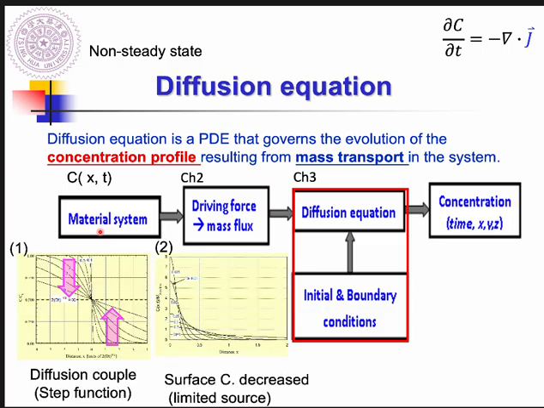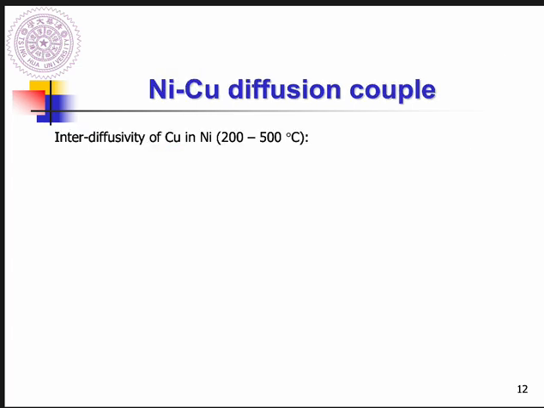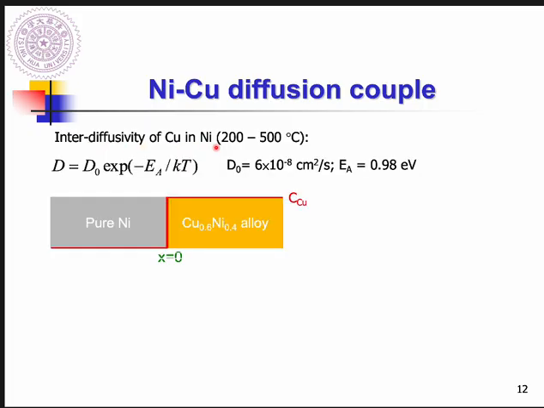The first diffusion couple, this one. What we have here is a nickel-copper diffusion couple, and the interdiffusion happens of copper in nickel, and the temperature now ranges between 200 up to 500.